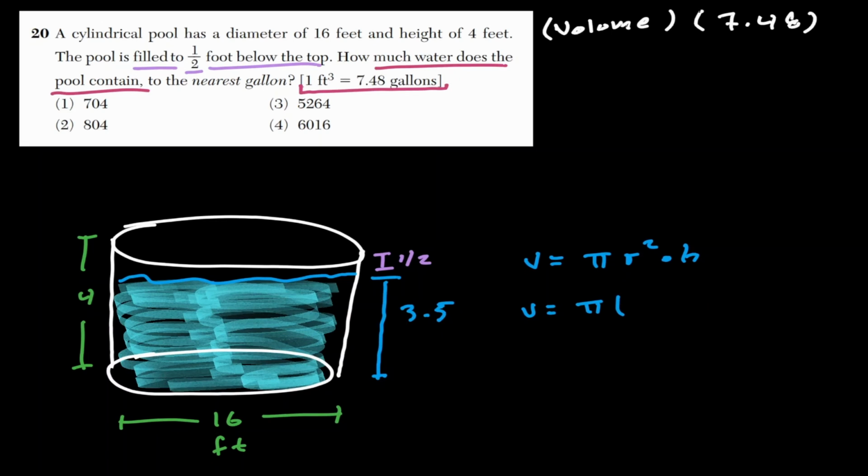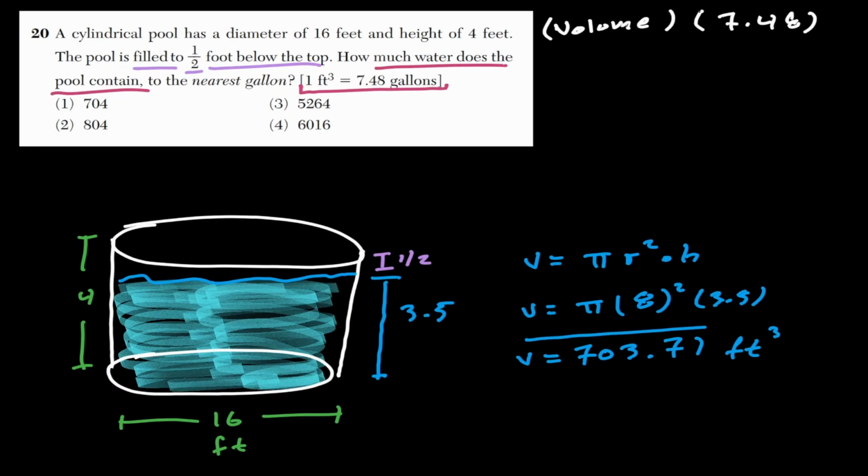So let's find out what that is. We're going to get pi, the radius, which is just going to be half of the diameter, which is 8, squared. And for the height, well, that is the height that the water will be using, which is 3.5. So after putting this in our calculator, then we can say that the volume is 703.71 feet cubed.